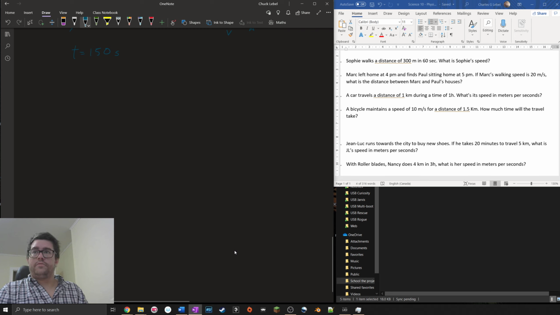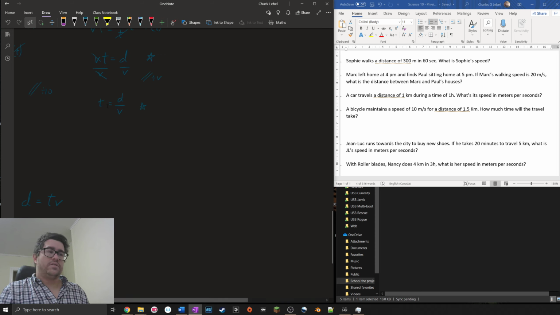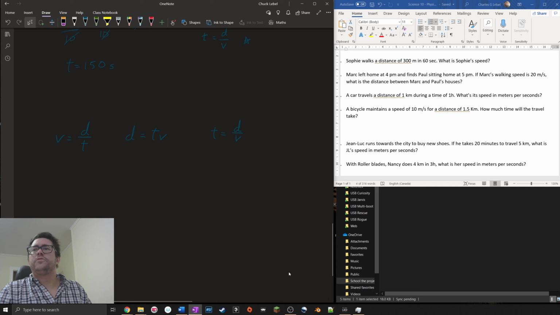So we have V equals D over T. We've also found D equals T times V. And the last one, T is equal to D over V. In all of these, the focus is different.